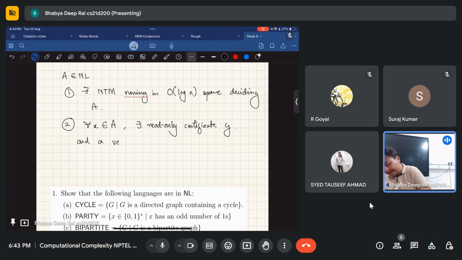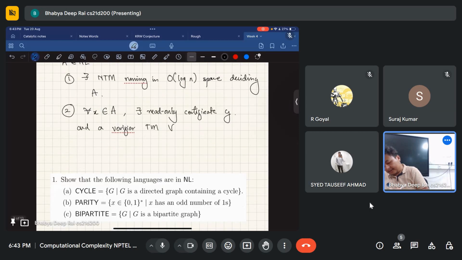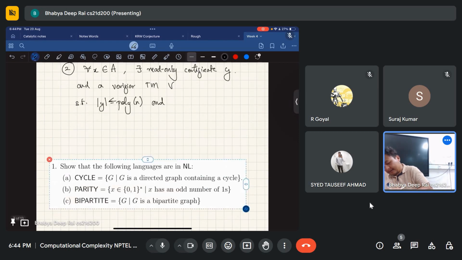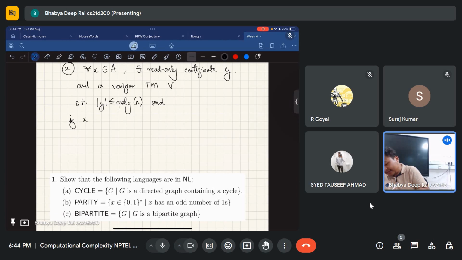a verifier Turing machine V exists, such that the size of y is polynomial, and if my string belongs to the language, then my verifier machine will take the input as well as the certificate and accept.